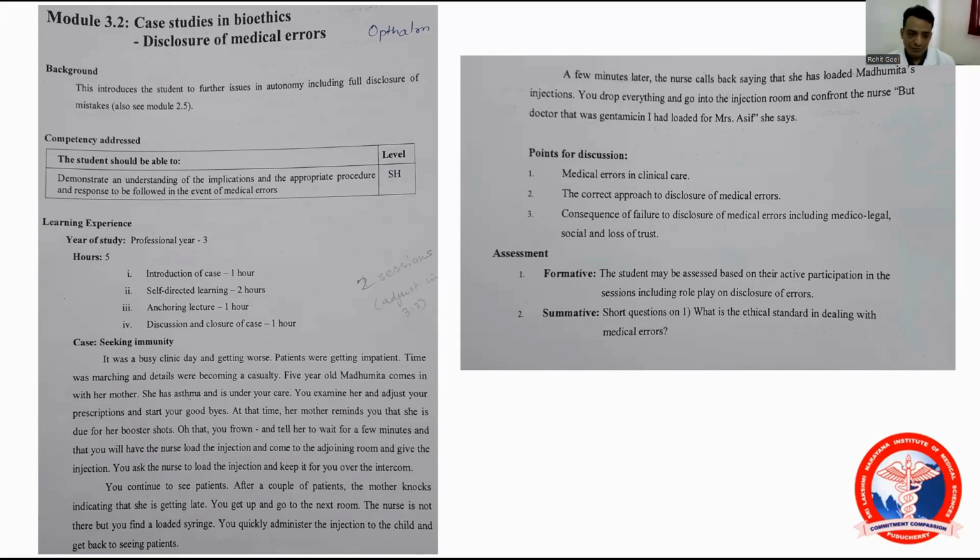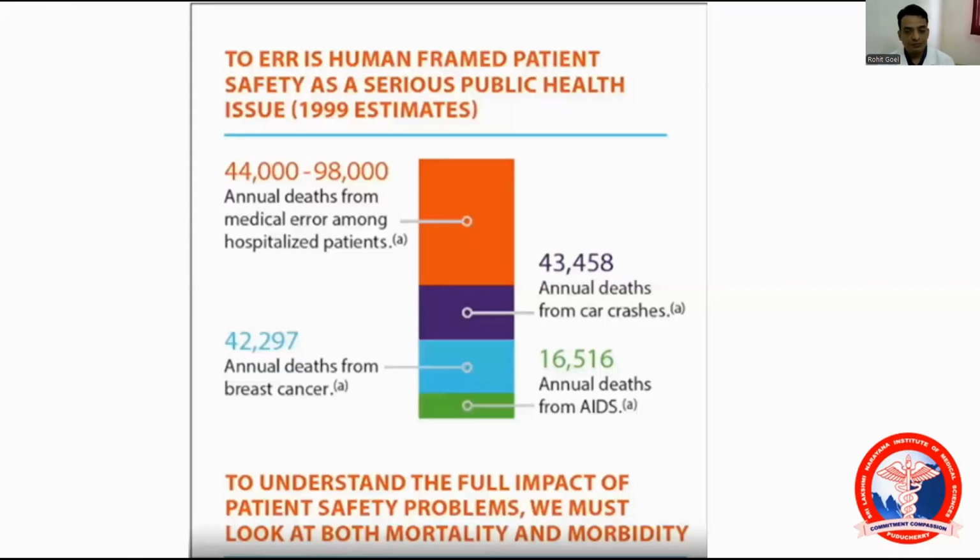Now the doctor is confused about how the injection can be ready when he had already administered the injection to the patient. On further questioning, the doctor realizes that he has wrongly given a gentamicin injection to the patient, which was actually meant for some other patient.